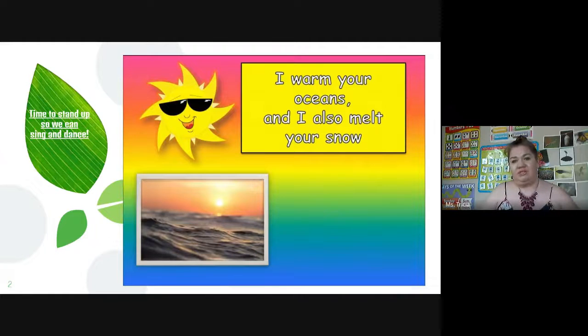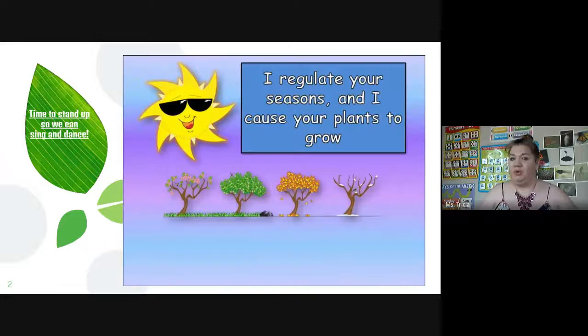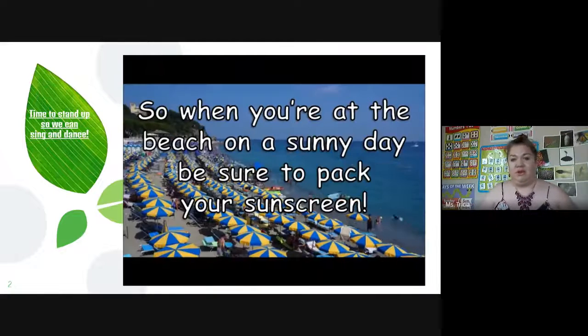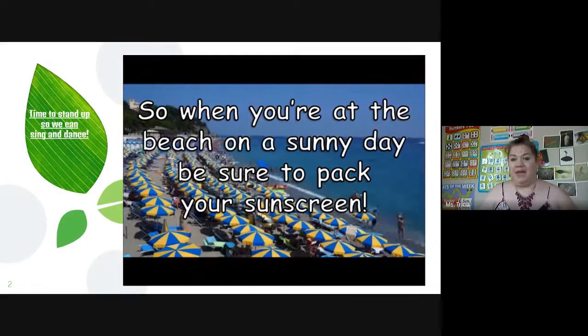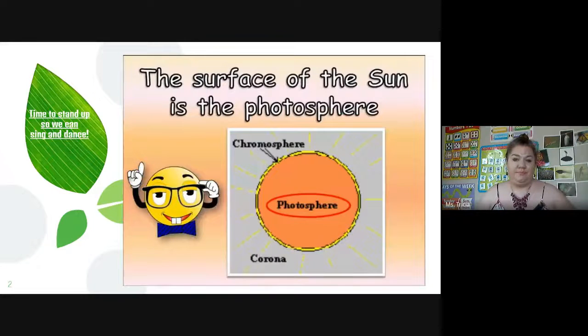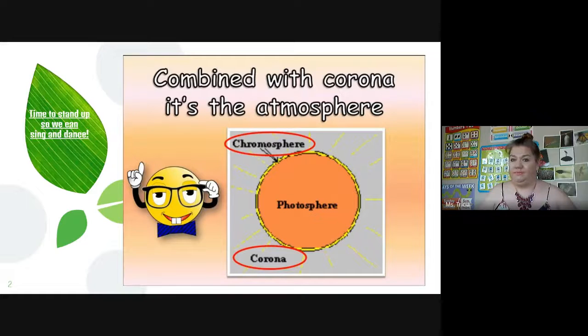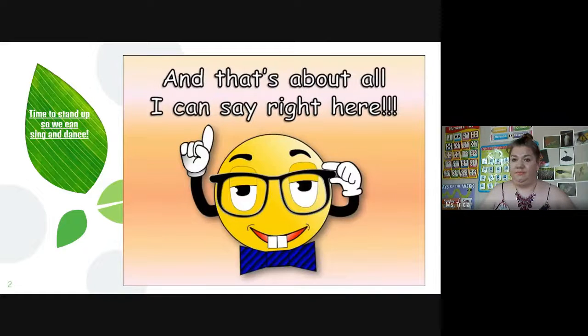I warm your ocean, then I also melt your snow. I regulate your seasons, then I cause your plants to grow. My surface temperature is around 10,000 degrees. So when you're at the beach on a sunny day, be sure to pack your sunscreen. The surface of the sun is the photosphere. Above that layer is the chromosphere. Combined with the corona is the atmosphere.